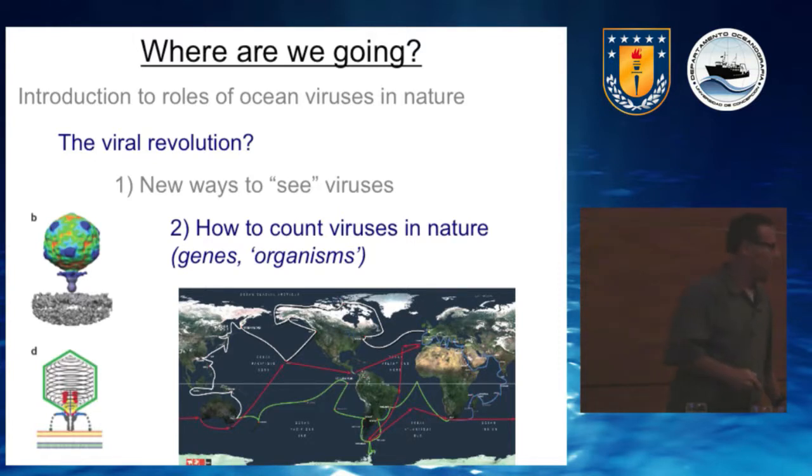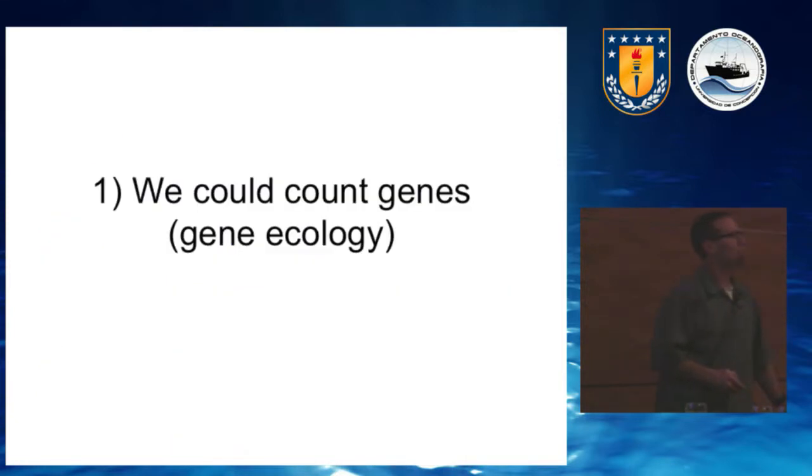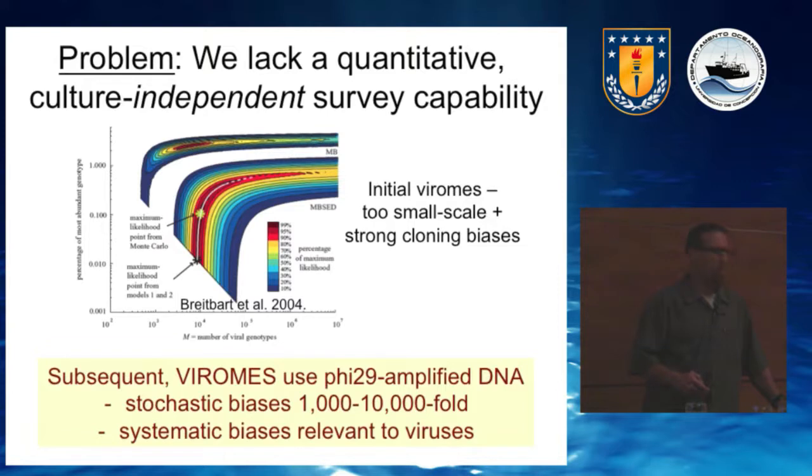So the first thing you could count are genes. If we count genes, we're going to call that gene ecology. And the problem was that most viruses are not culturable, just like most microbes. And the culture-independent surveys we'd used to survey in nature were not quantitative. Basically, they either were too small scale in the case of the linker-amplified shotgun libraries.